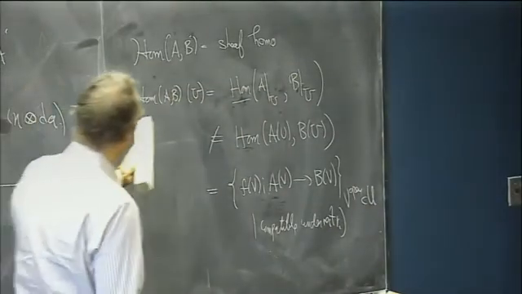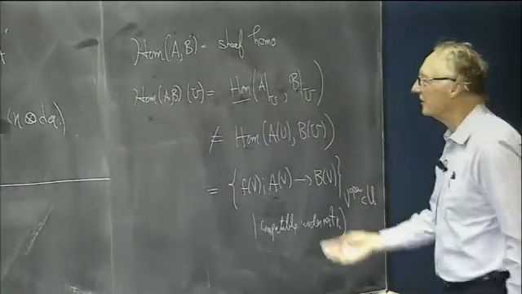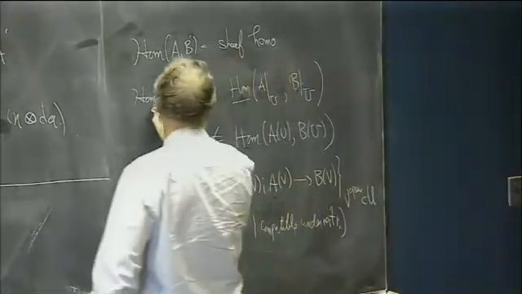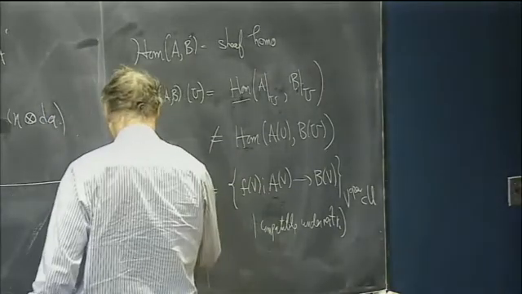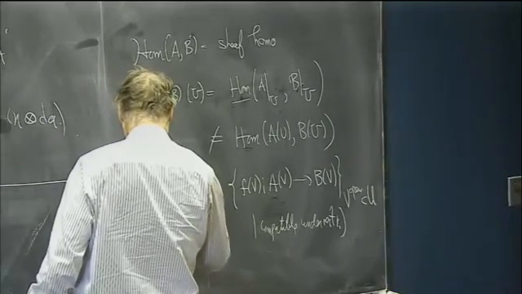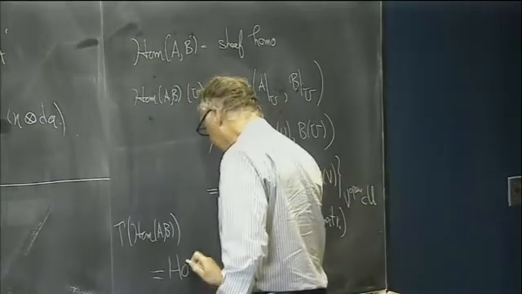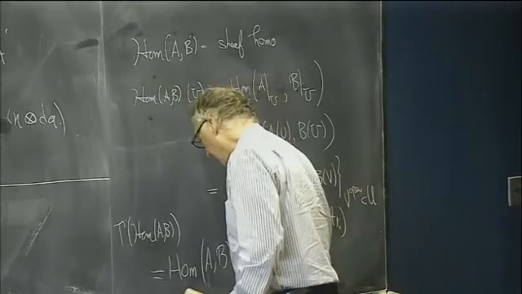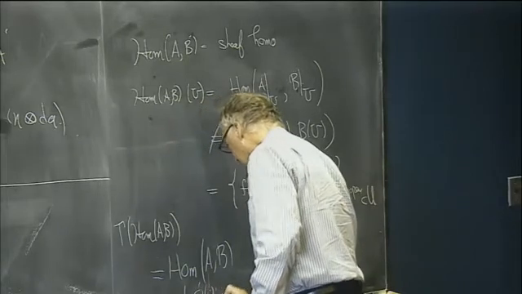So this is, as I've defined it, a pre-sheaf, because to each open set I told you what it was, but it's an exercise. I think I've talked about this before. This, in fact, is a sheaf. So it satisfies the sheaf property, and so the global sections of Hom AB, global sections of this sheaf, are in fact the global homomorphisms from A to B, and these are the continuous maps étalé F between the étalé spaces.